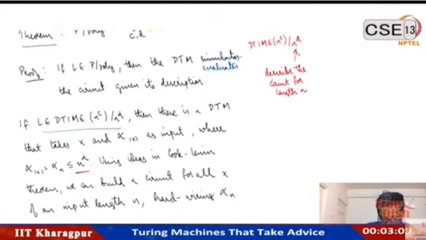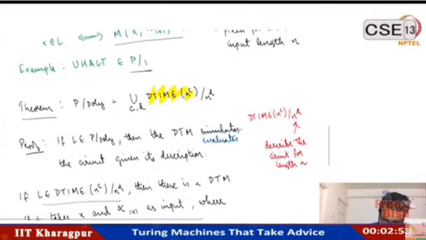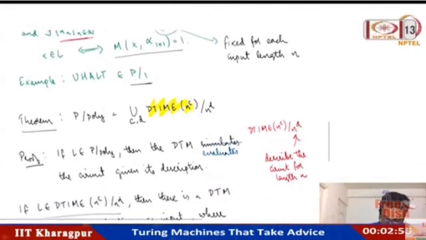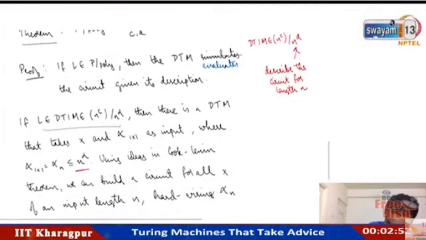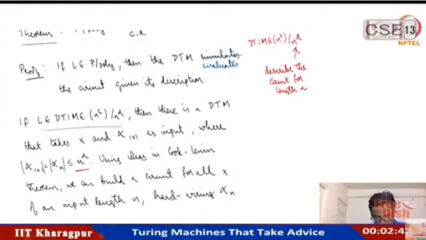So the length of alpha x, which is the advice on the input x, which is really the length of alpha n, is upper bounded by n^d.